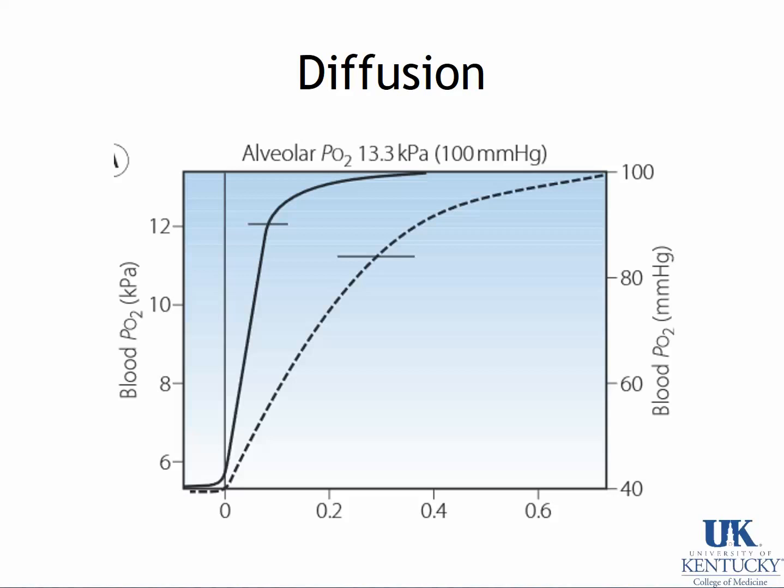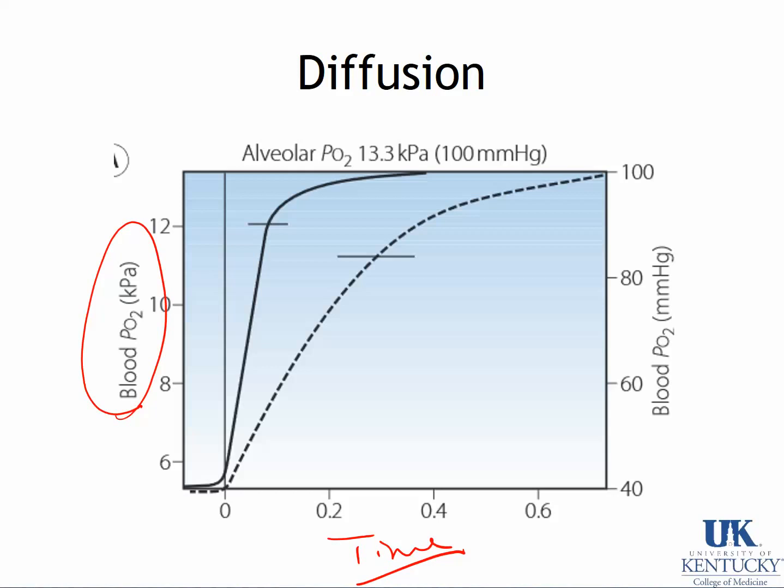This graph shows, based on time, the amount of time that it takes for oxygen to diffuse into the blood to achieve basically a normal PO2.